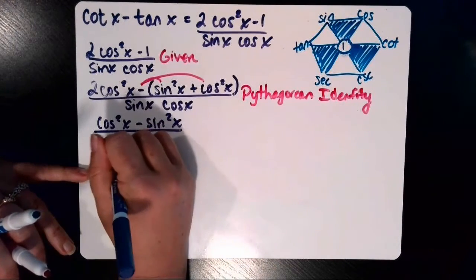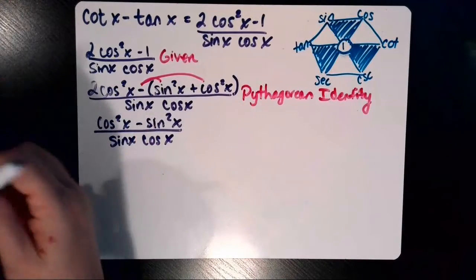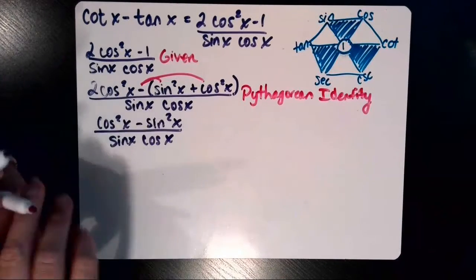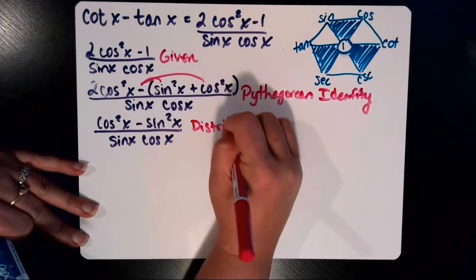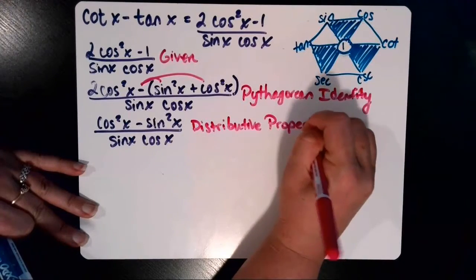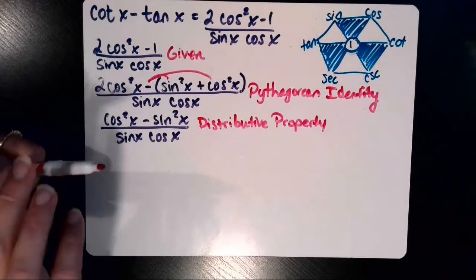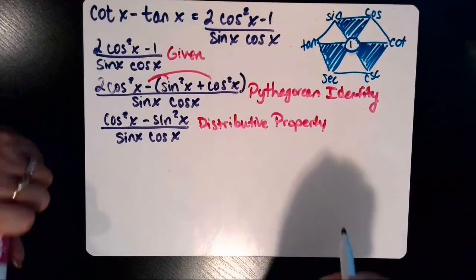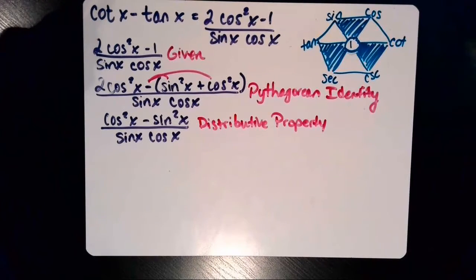And that'll be divided by sine of x times cosine of x. And that was the distributive property.